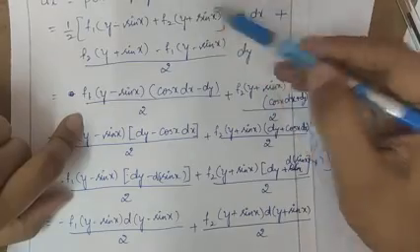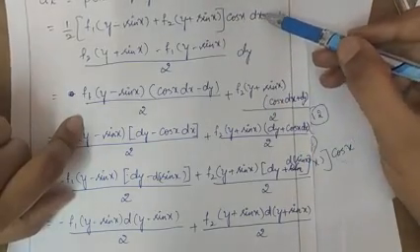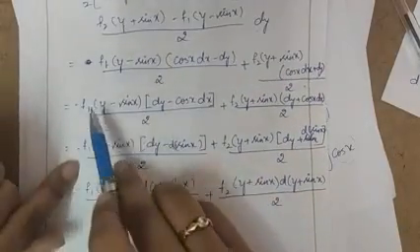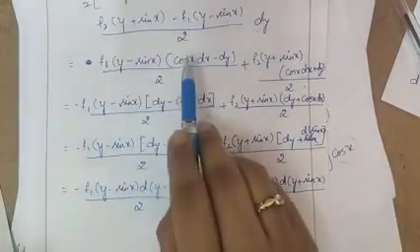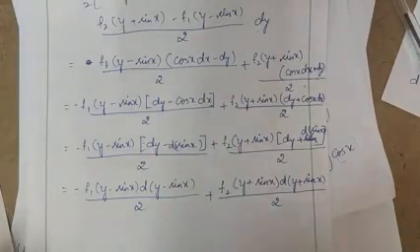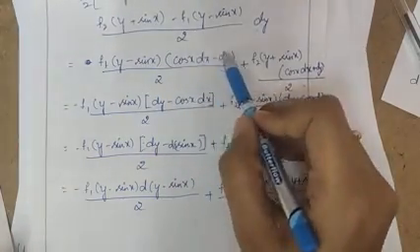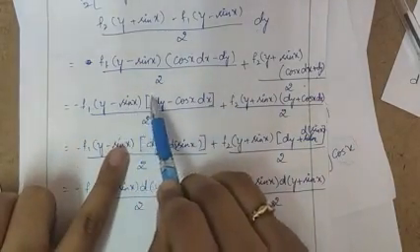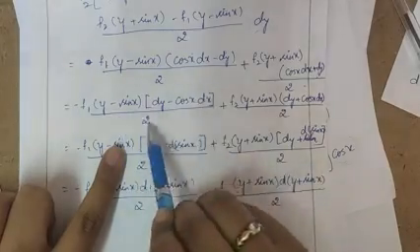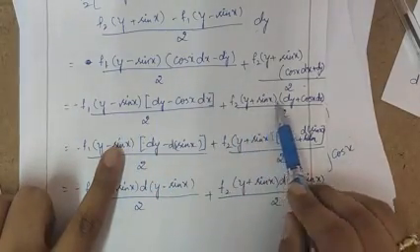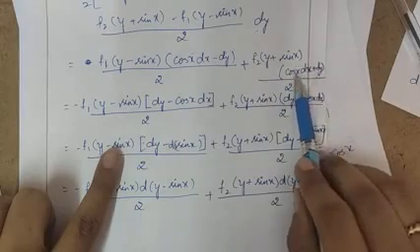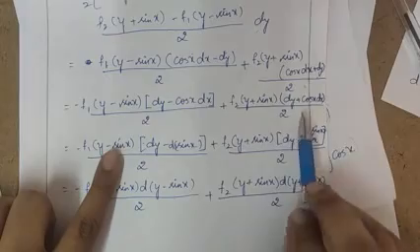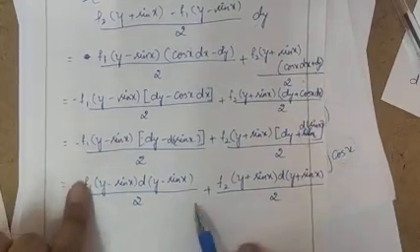If I take it as common, I will get cos x dx plus dy, by 2. Again, I need the dx form, so I have to interchange these two. I have taken minus outside, so f1 of y minus sin x into dy minus cos x dx by 2. Here also f2 into y plus sin x, I have interchanged these two. Since both are positive here, there is no need to take a negative, and all common. So dy plus cos x dx by 2.